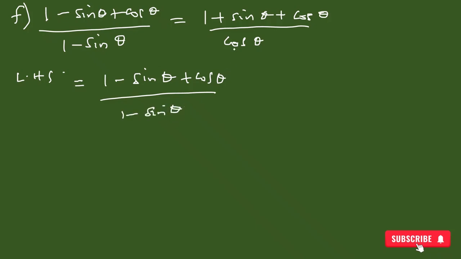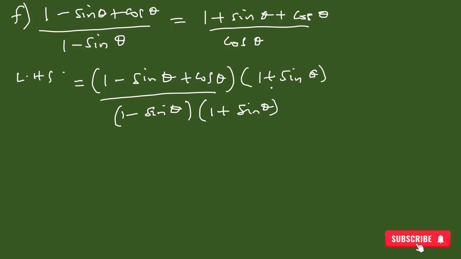So since I'm eyeing a cos in the denominator here, I see the best step is to multiply the denominator and the numerator by 1 plus sine theta, and also here in the numerator I multiply with the same 1 plus sine theta. Since I've multiplied it in the numerator and the denominator, this does not change the expression. It remains the same.